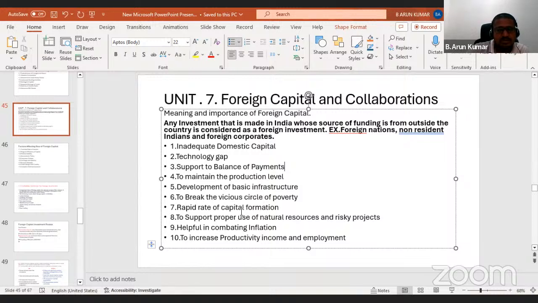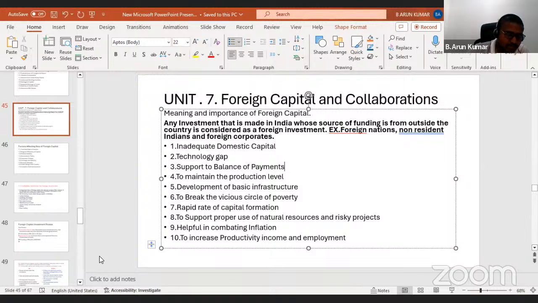If we cannot invest that amount in a proper way, then the inflation rate also increases and that leads to inflationary conditions.